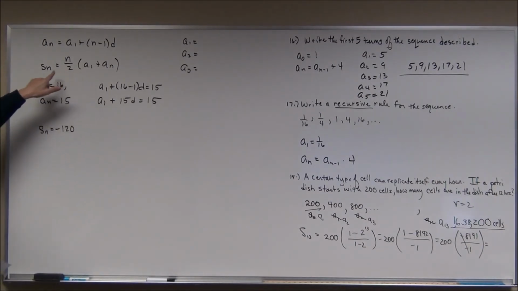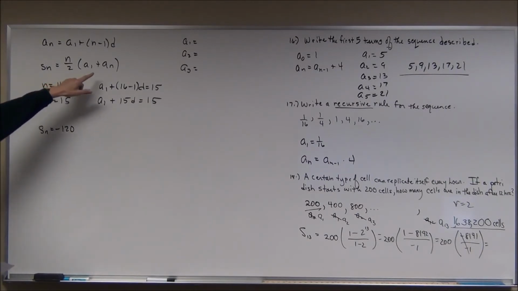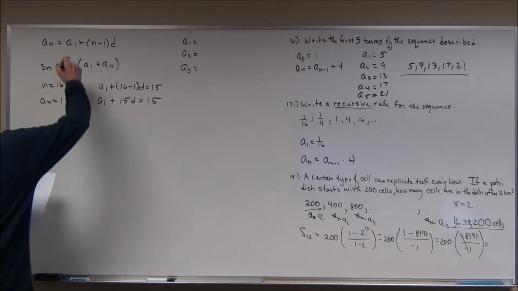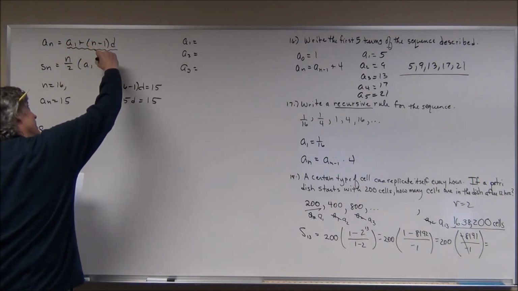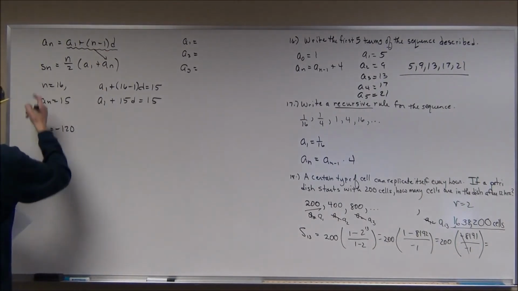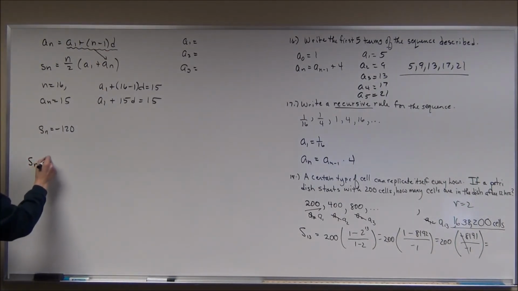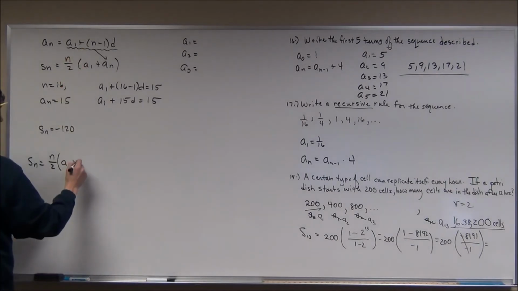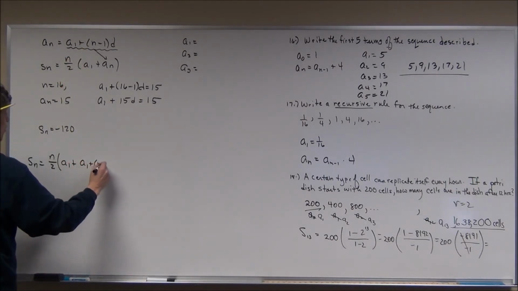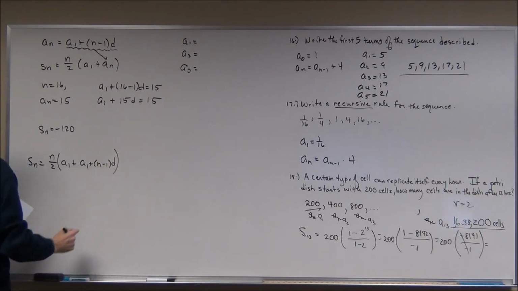Now I have 3 unknowns up here. Or actually, no. I have 2 unknowns here because I know what n is. But a sub n is this. So I got to plug this in here. So that means I'm going to write it down below that S sub n is equal to n over 2 times a sub 1 plus this mess, a sub 1 plus n minus 1 times d, all of that.